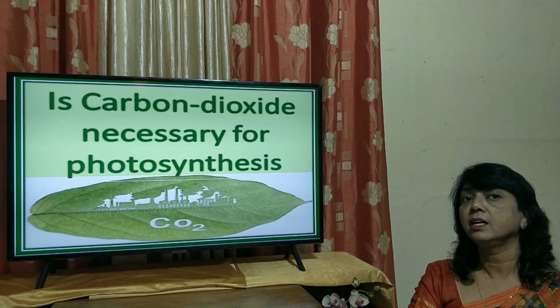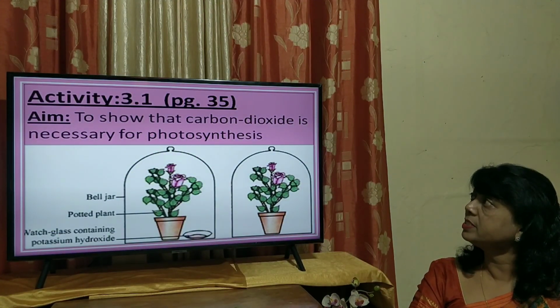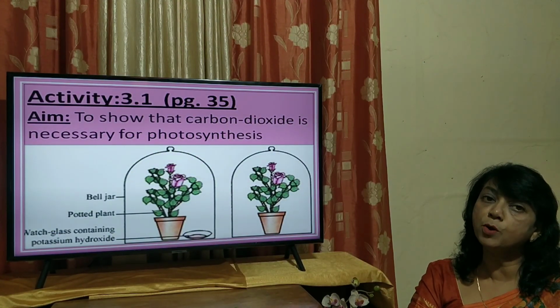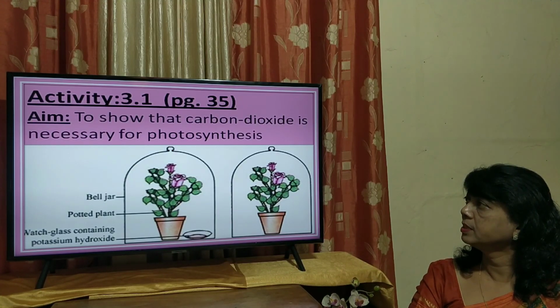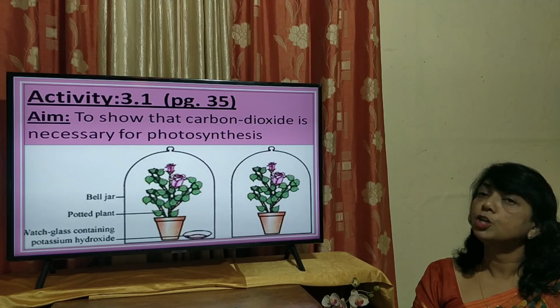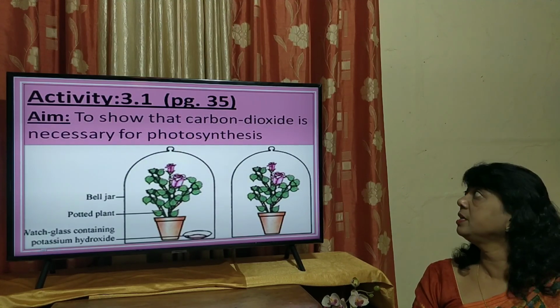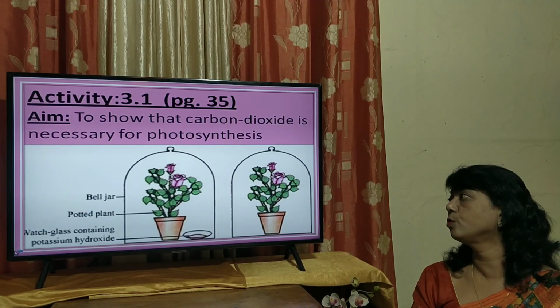Let us study an activity, that is Activity 3.1 from your book, given on page number 35. The aim of this activity is to show that carbon dioxide is necessary for photosynthesis.